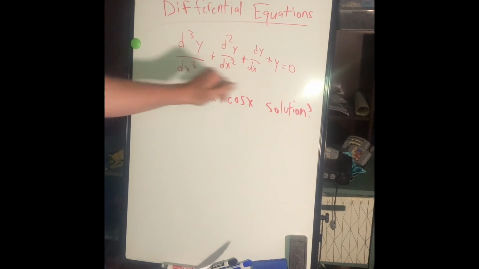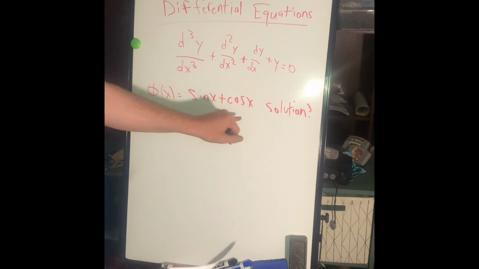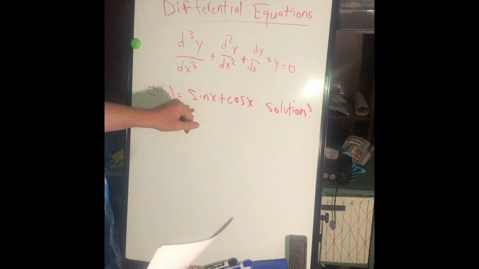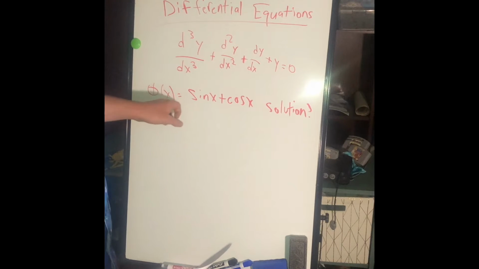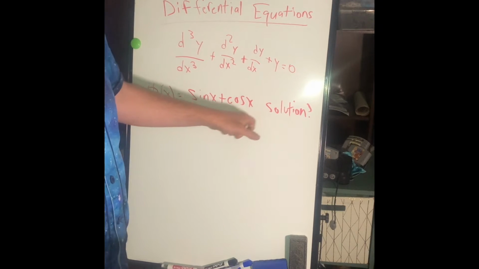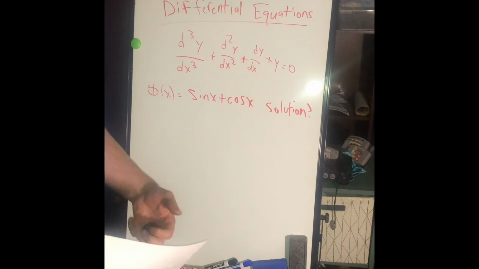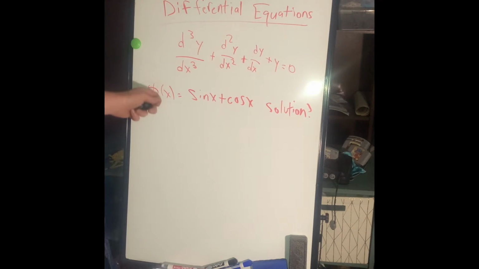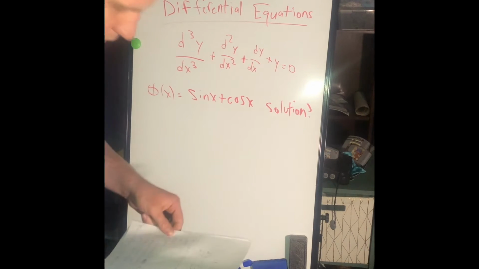I'm sure there are other possible solutions, but what I'm going to be focusing on is: is phi of x equal to sine of x plus cosine of x a solution? And the way that we would check this is we would take the first derivative of phi of x and the second derivative of phi of x and the third derivative of phi of x, and we would plug them in.